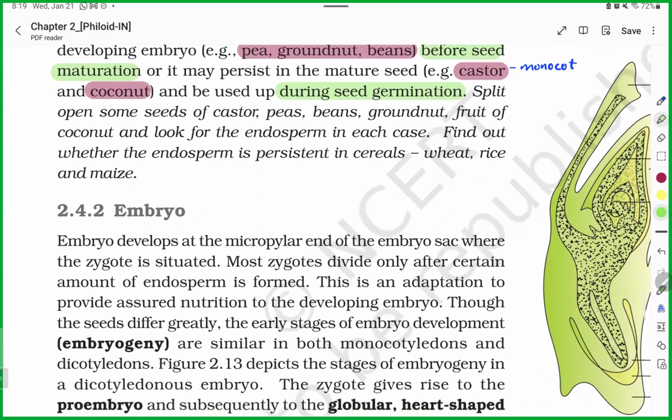Tell me, Sarah, is endosperm persistent in cereals like wheat, rice, and maize? So what did you say? Endosperm is persistent in wheat, rice, and maize. No, sir, but these are monocot, isn't it?